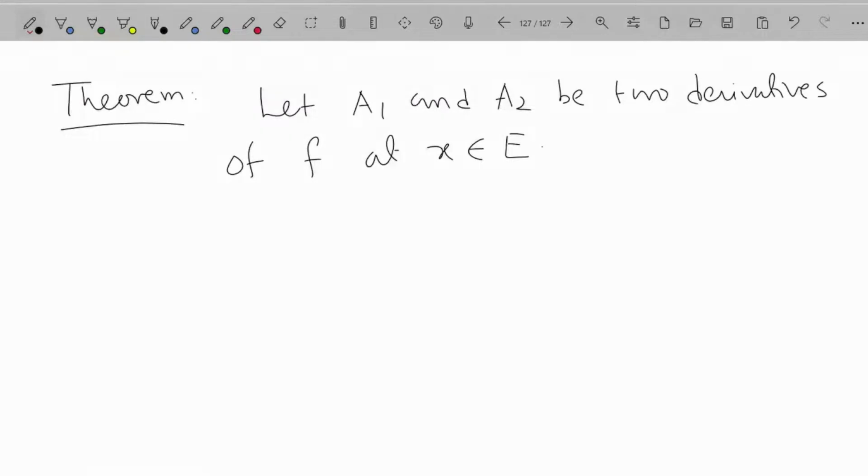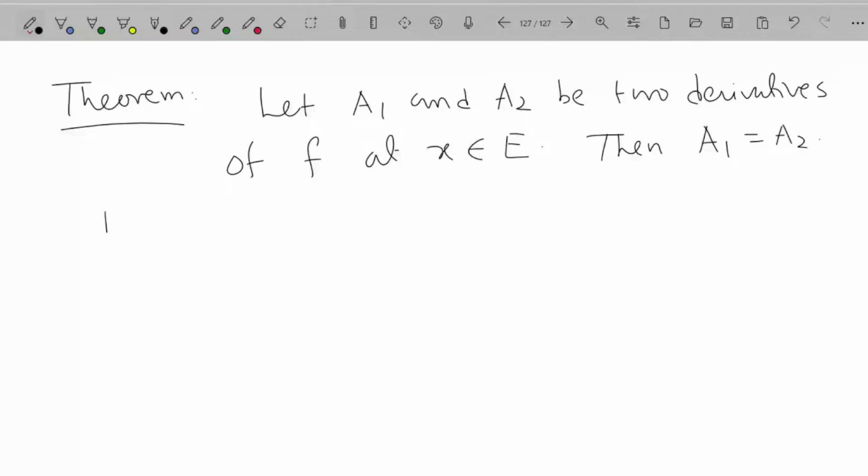We want to show that A1 should be equal to A2. These two linear operators are the same operator. That's the thing. How to prove it?